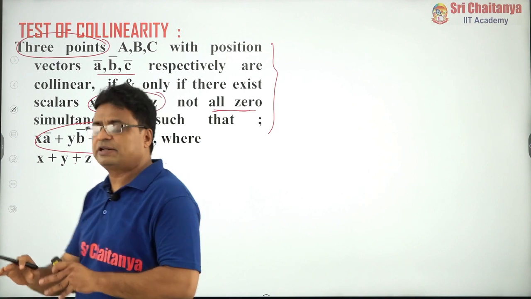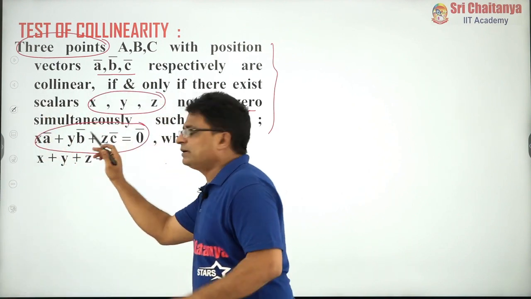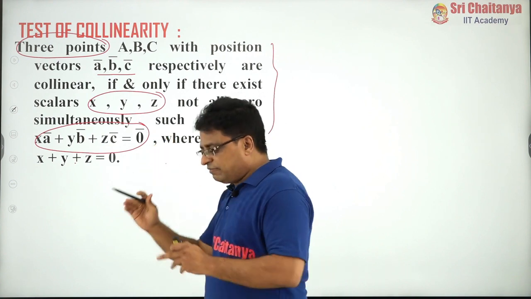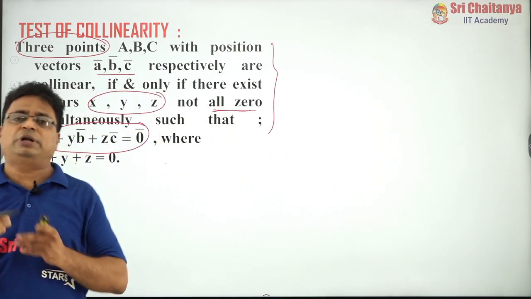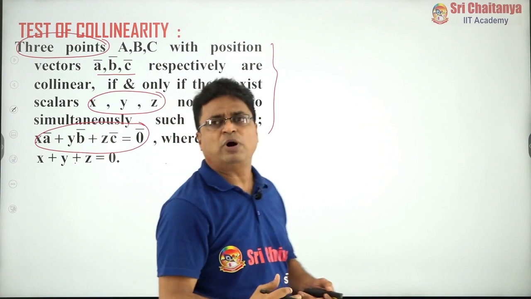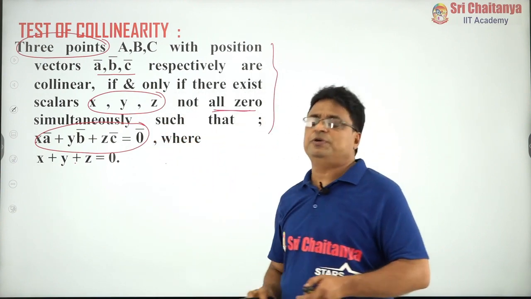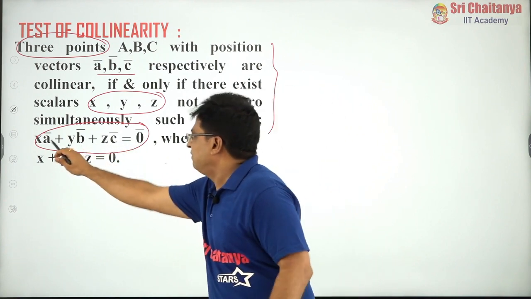Scalar multiplication of a vector is always a vector. Addition of two vectors is always a vector. So, the LHS is a vector, so equate a vector to a vector only. In general, on paper, instead of writing 0 bar, we simply write 0, which is wrong. So, please be careful with this.